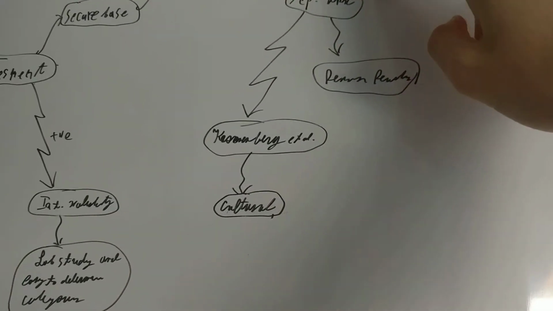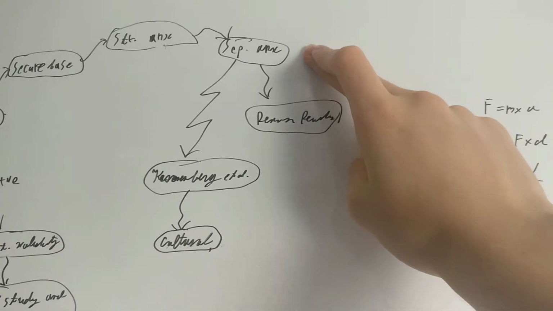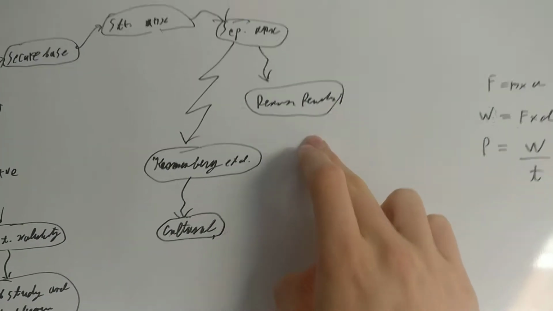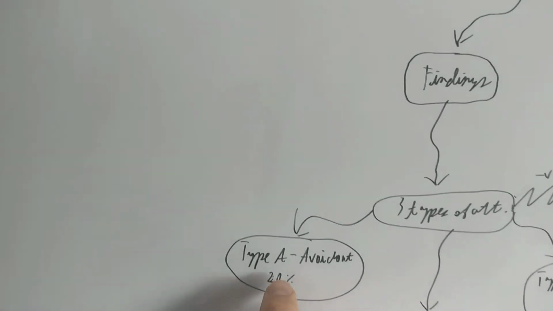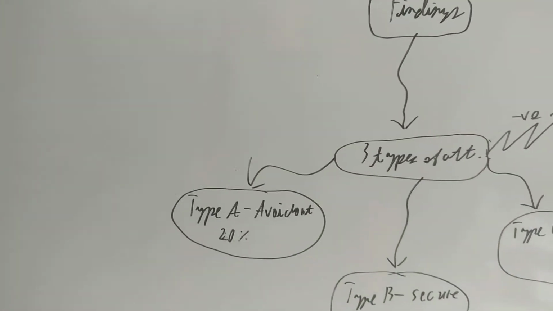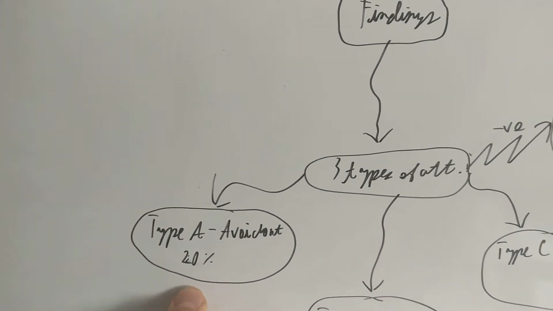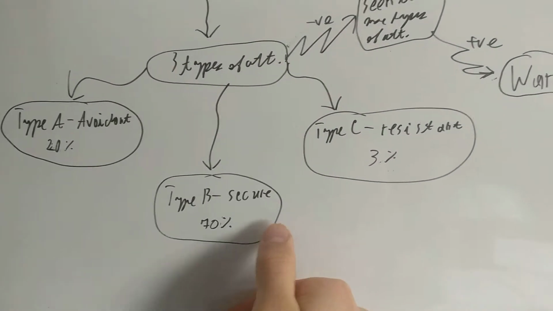They didn't experience much separation anxiety, and so they didn't need to be comforted when the caregiver returned. This is type A, and the way you can remember that, type A, avoidant. That was 20% of children. That's how they reacted. Now type B is securely attached.